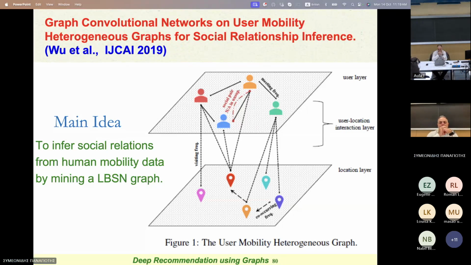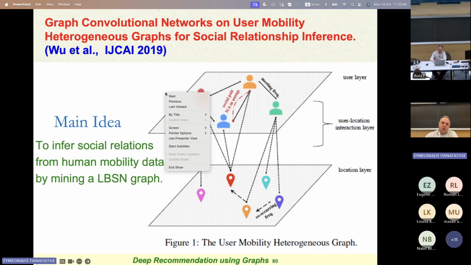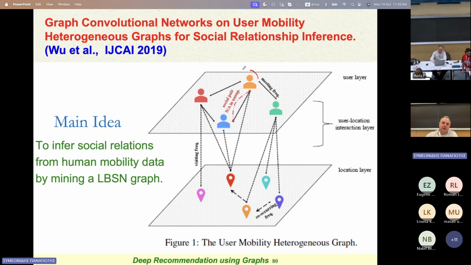As you can see here, we have a bipartite, heterogeneous graph, which consists of entities such as users who visit a certain point of interest.